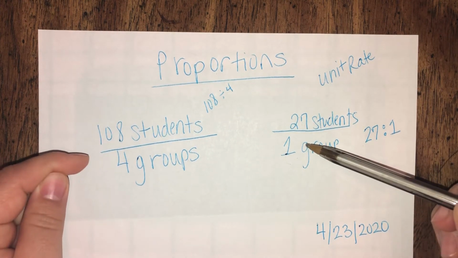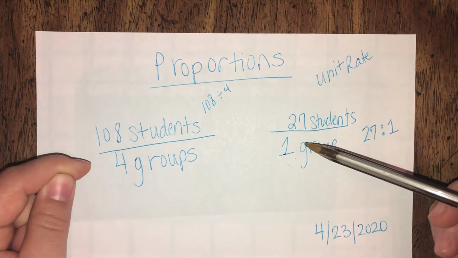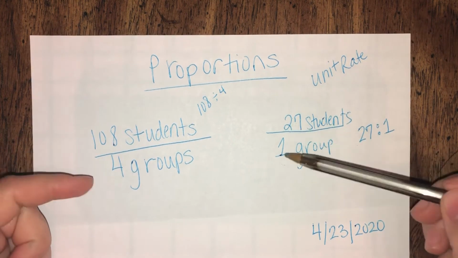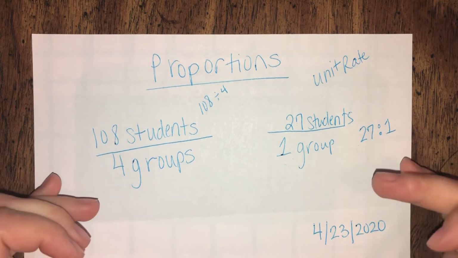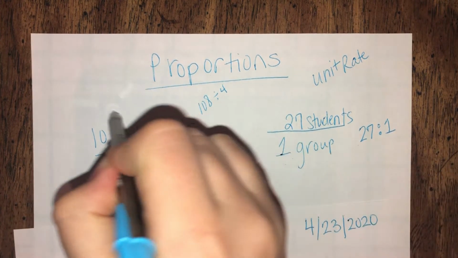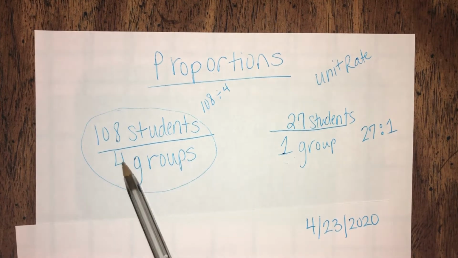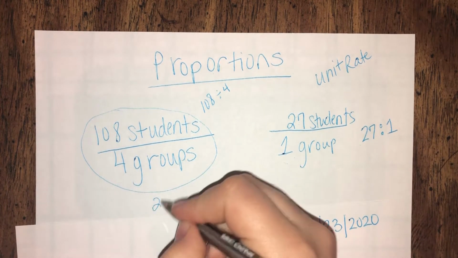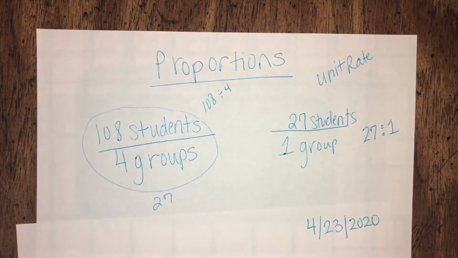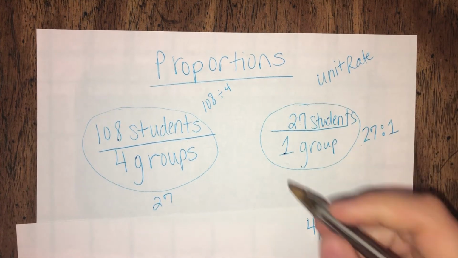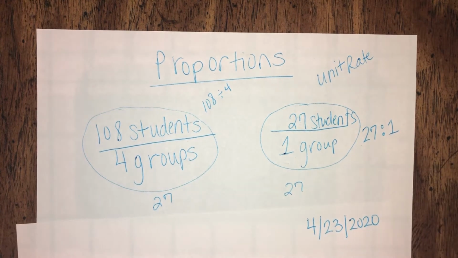Okay? Now, one of the things that proportions brings up is this idea of looking at these two fractions and saying, are they equal? At first glance, some kids are going to look at this and say, obviously not. They're not the same numbers. But that's where you have to be careful. I'm looking at the entire fraction itself. If I was to type this fraction into my calculator, it would say 27. If I was to type 27 divided by 1 in my calculator, it would also say 27.